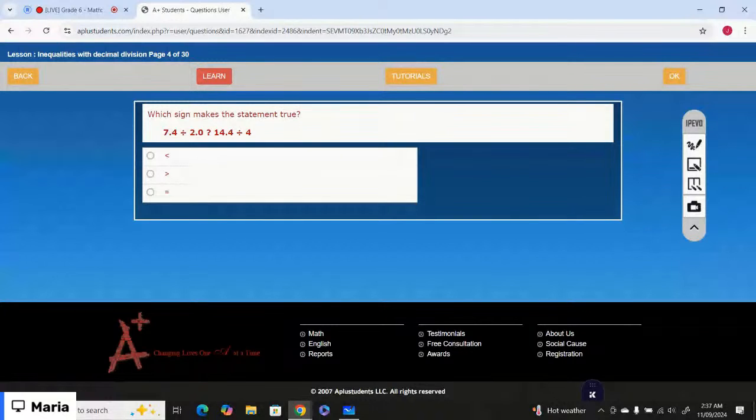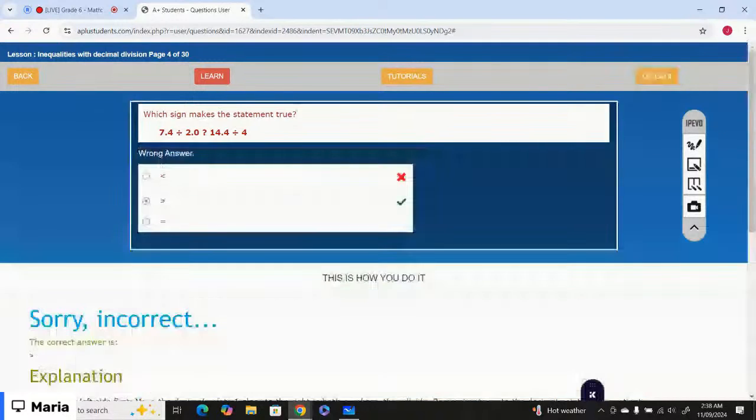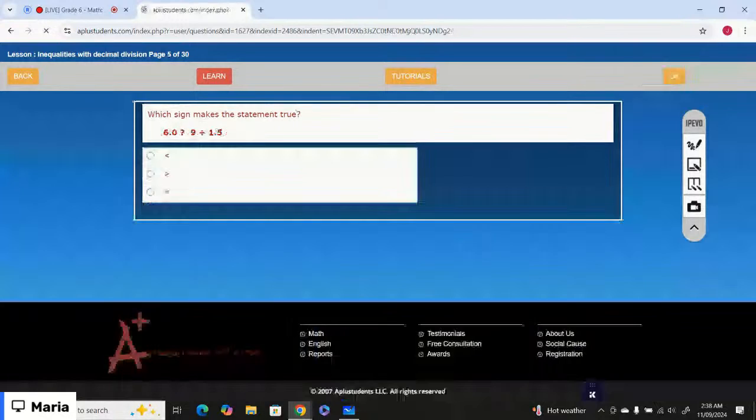Option number 2 is the correct option. Let me just see. 7.4 divided by 2 is 3.7, and 14.4 divided by 4 is 3.6. The option is less than, option number 1, oh yes, option number 2, because 3.7 is greater than 3.6. Sorry. So option 2 is the correct option.